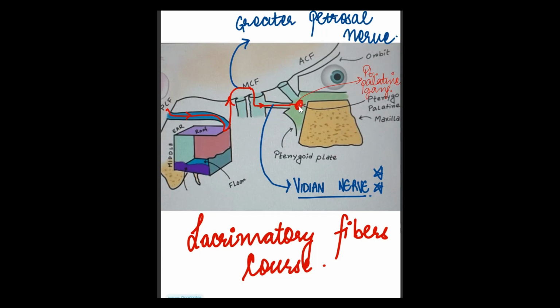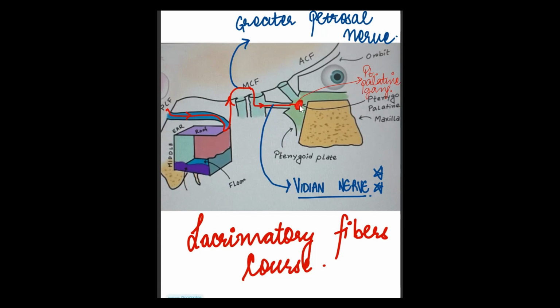This pterygopalatine fossa has a ganglion in it, which is called the pterygopalatine ganglion. Here, the lacrimatory fibers end. Which type of lacrimatory fibers end here? The preganglionic fibers. Preganglionic lacrimatory fibers end up in the pterygopalatine ganglion.